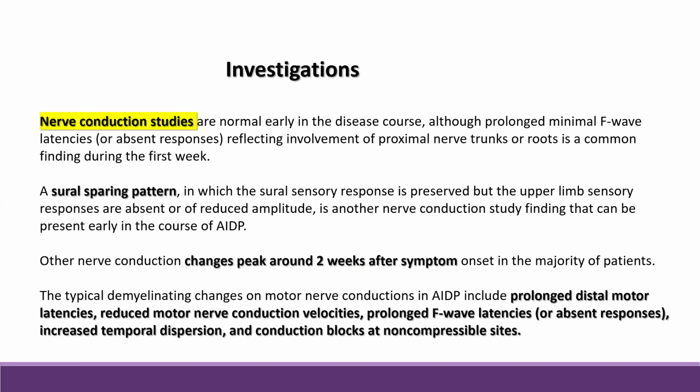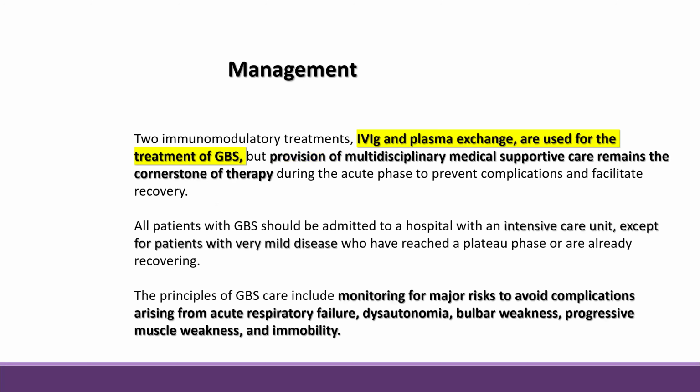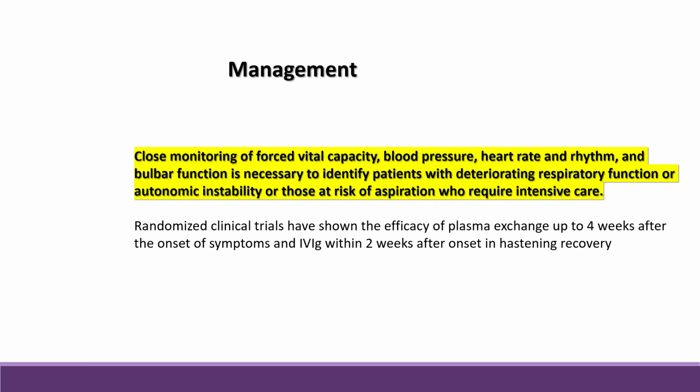For investigation, we can do the nerve conduction study looking for demyelinating features. Also, lumbar puncture for albuminocytological dissociation, meaning that the protein will be high and the cell count will be normal. This helps in the management of initiating IVIG and/or plasma exchange as a treatment, with monitoring and avoiding complications.